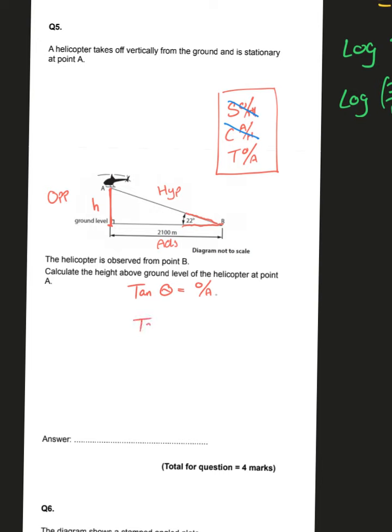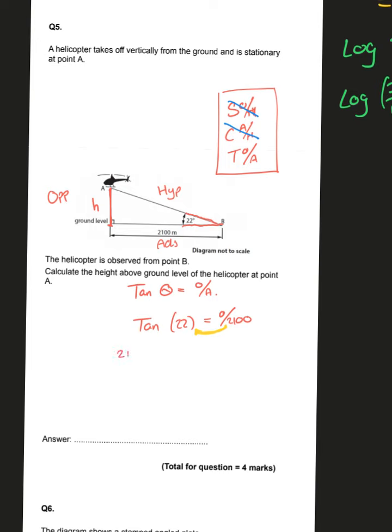So tan of 22 degrees is equal to opposite, which we're looking for, O over adjacent, 2100. So you're trying to get this opposite by itself. The opposite is being divided by 2100, so when you bring it over the equal sign, it becomes the opposite. So a division becomes a multiplier.